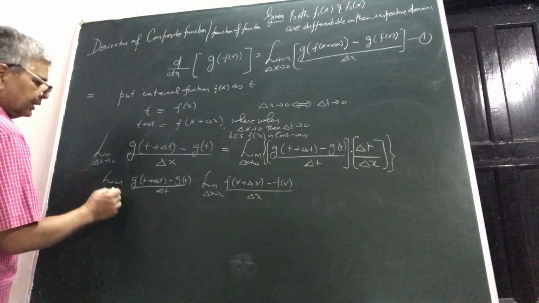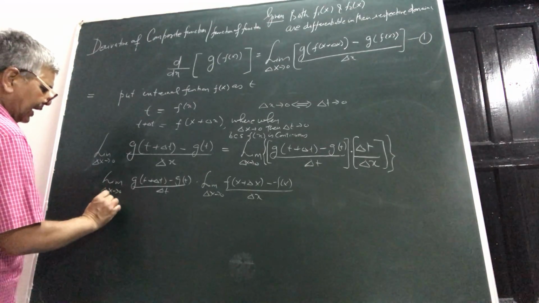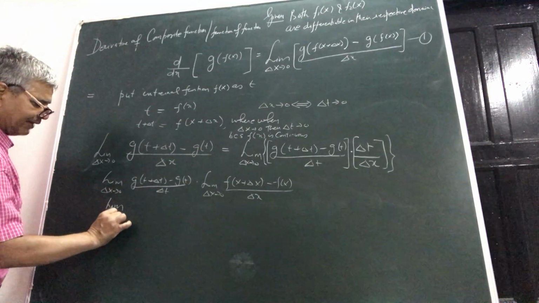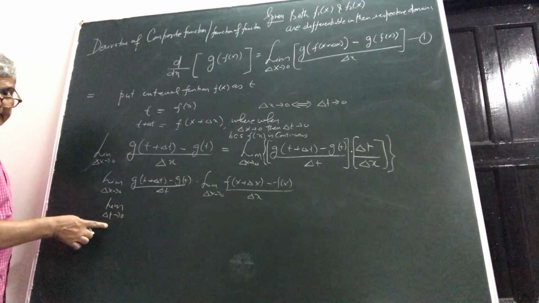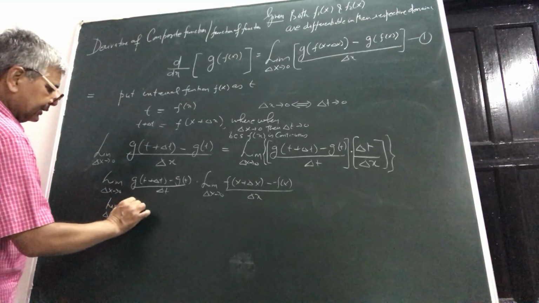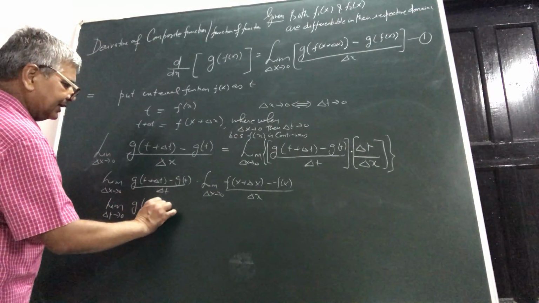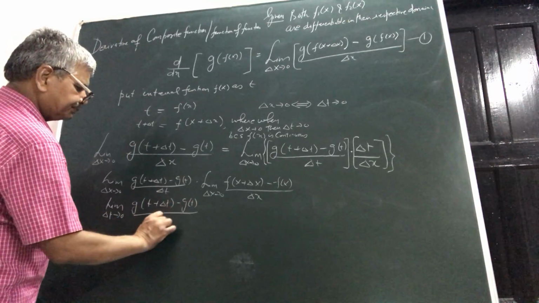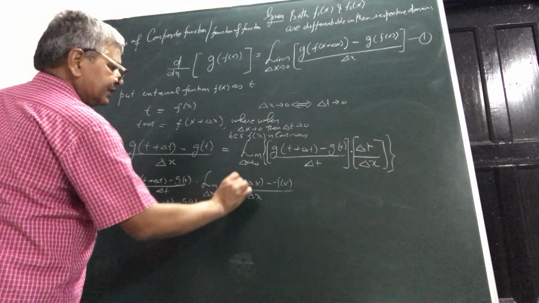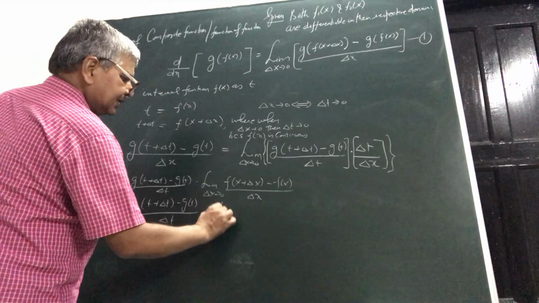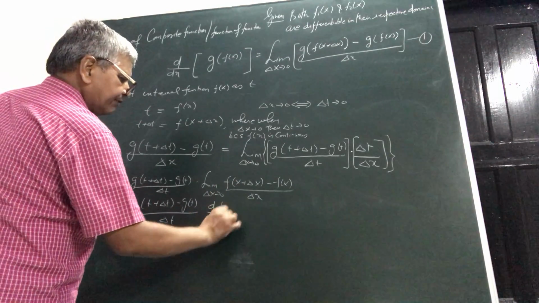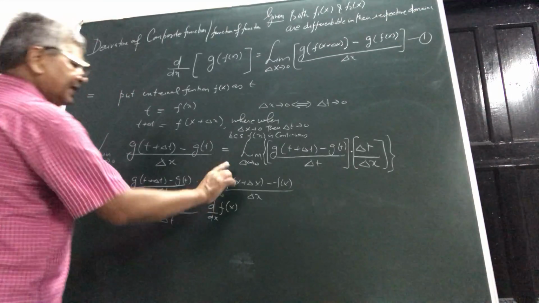So here, in place of delta x, I will write the limit as delta t tends to 0. I am justified in substituting here as delta t tends to 0. And this is g(t + delta t) minus g(t) upon delta t, and this limit is what? This is g dash t, d by dt of g(t). And this is f dash x, d by dx of f(x).